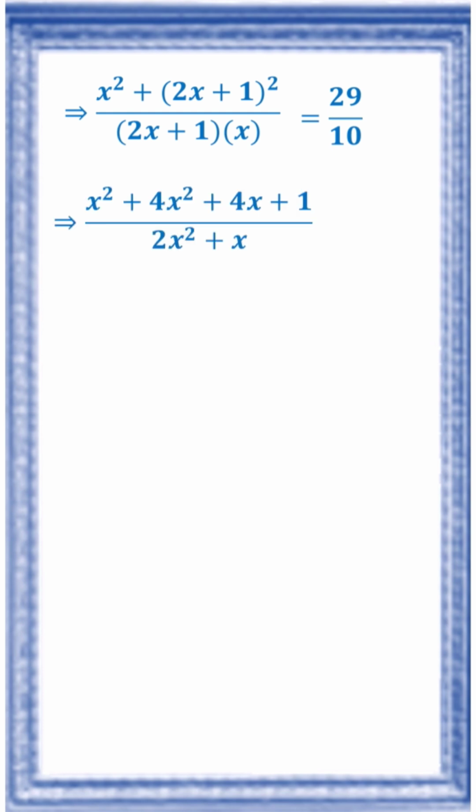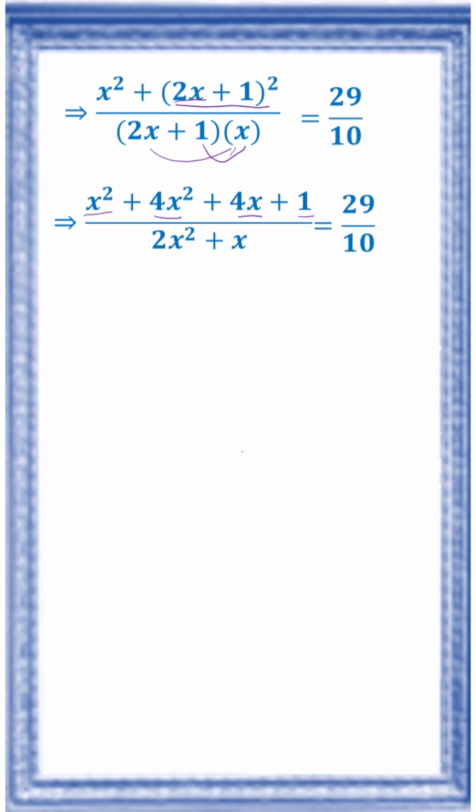Now here expand this part by using (a plus b) whole square formula. 2x the whole square, 4x square, 1 square, that is 1, 2 into 2x into 1, that is 4x, upon multiply these two, 2x square plus x, that is equal to 29 by 10.